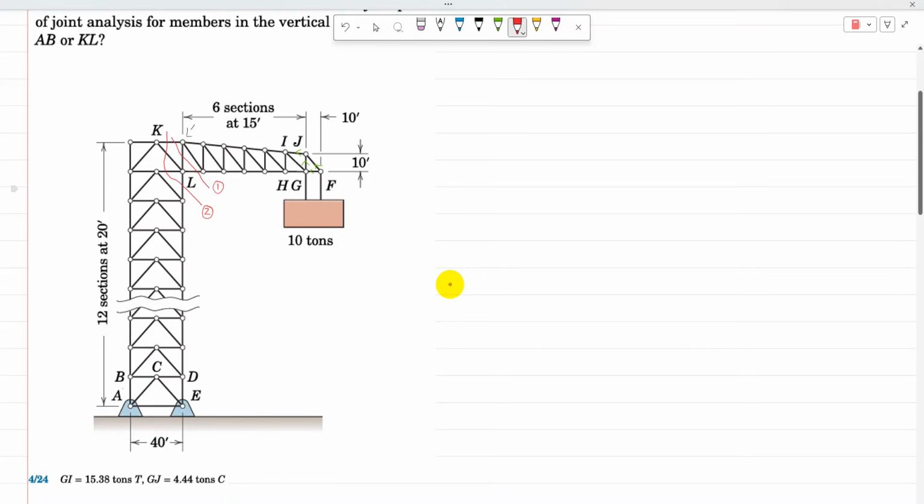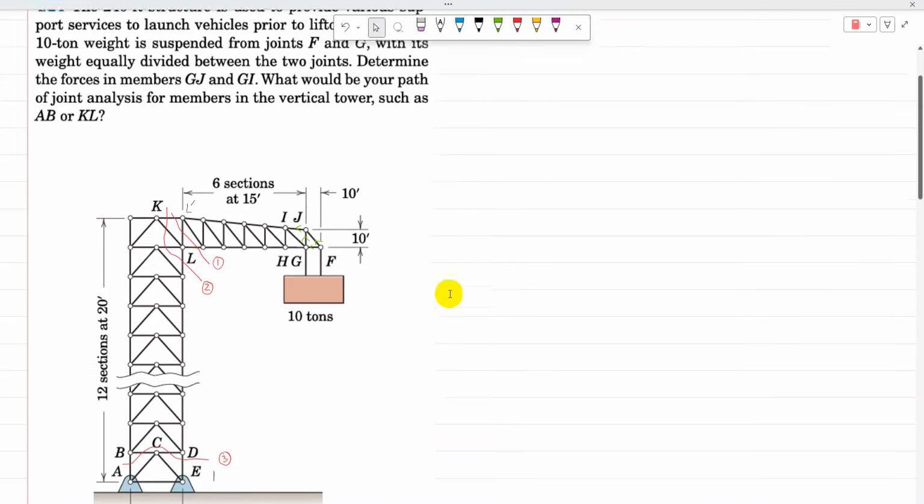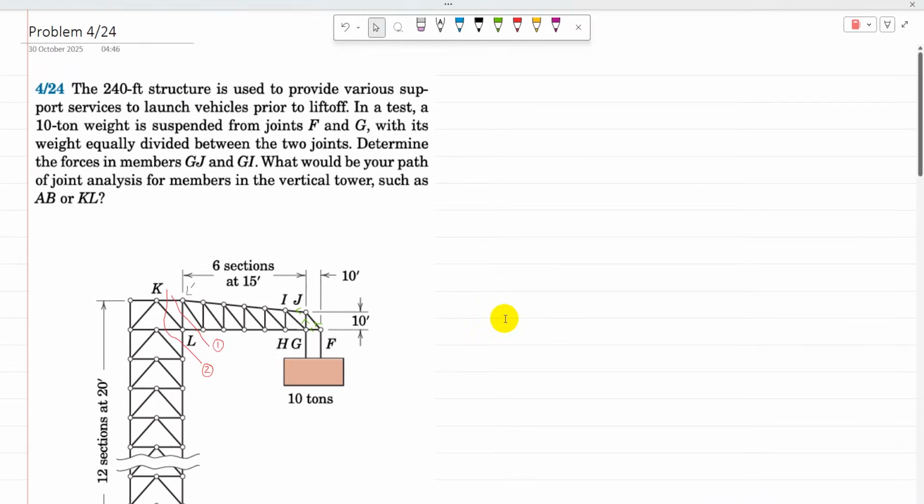So if a third section is passed there, just considering the upper part, then it is possible to find AB by taking moment about D. So the other members AB and KL are possible to find using method of sections.